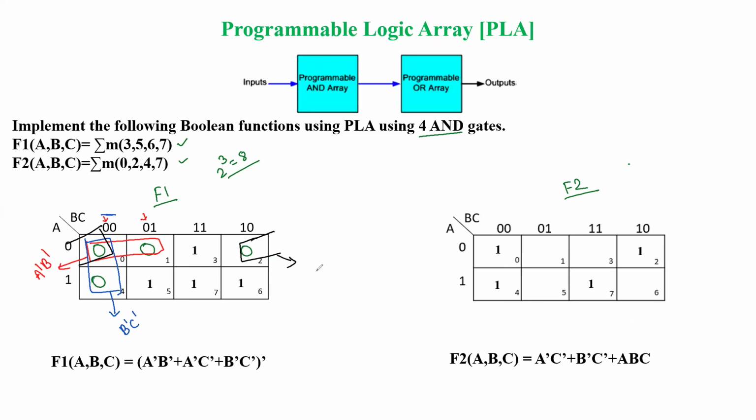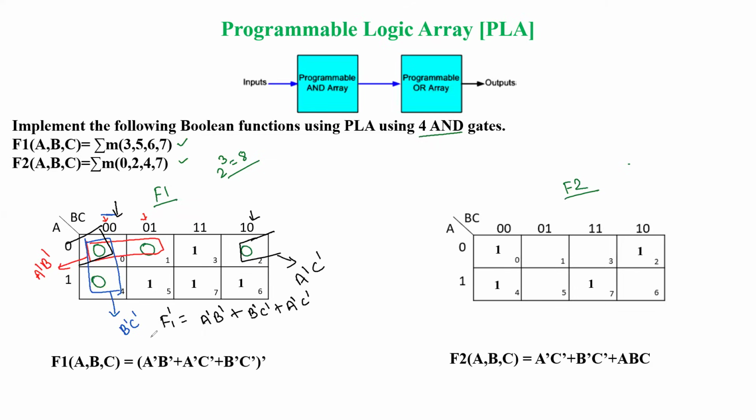Again row wise the common is A dash, and column wise the common is C dash. So finally this complement function F1 dash we are getting as A dash, B dash plus B dash, C dash plus A dash, C dash.